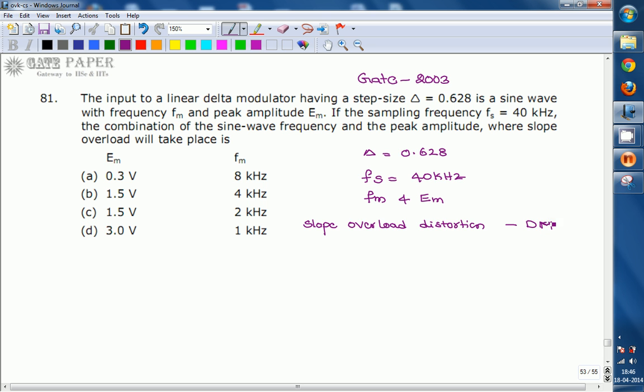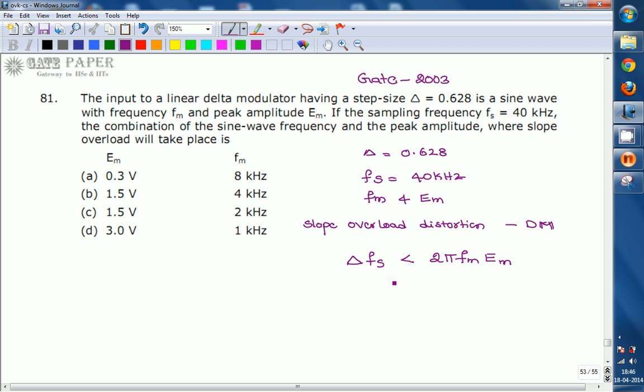Based upon this condition, slope overload distortion occurs. The condition is delta into fs less than 2 pi fm into Em, where delta is the step size, fs is the sampling frequency, fm is the frequency of the signal, and Em is the peak amplitude of the sinusoidal signal.